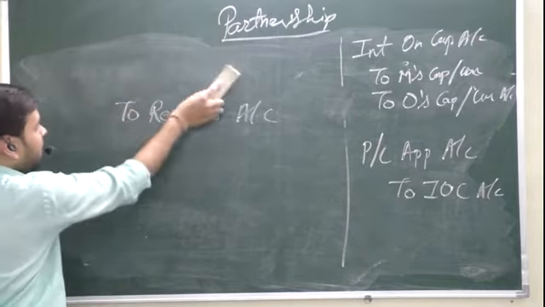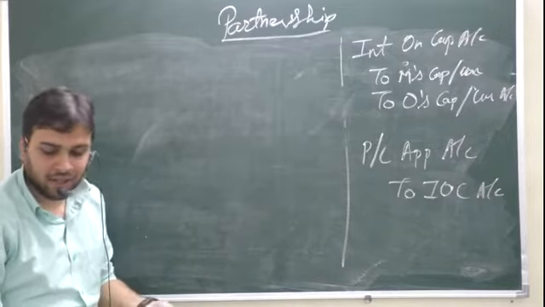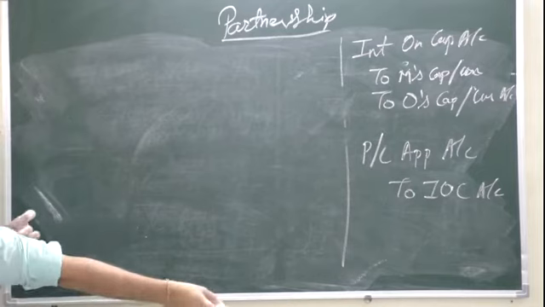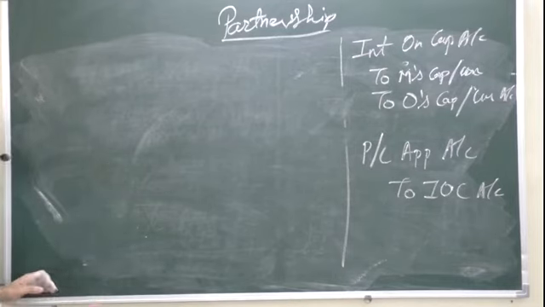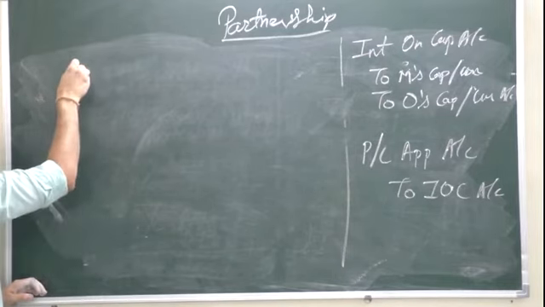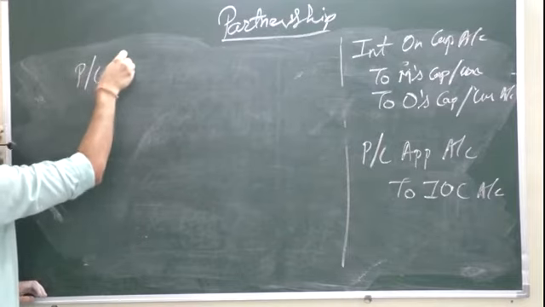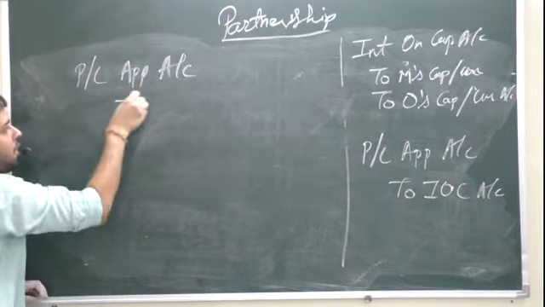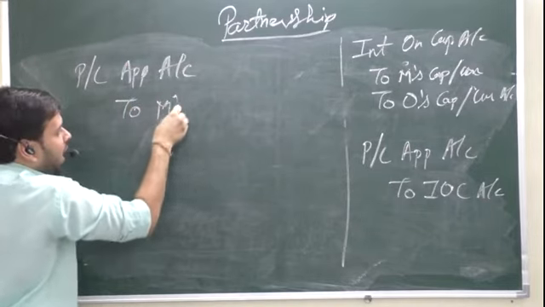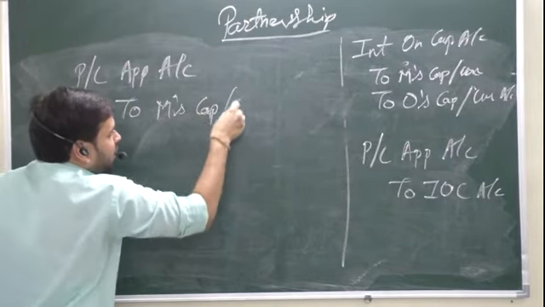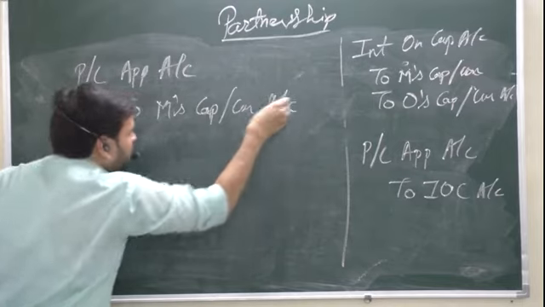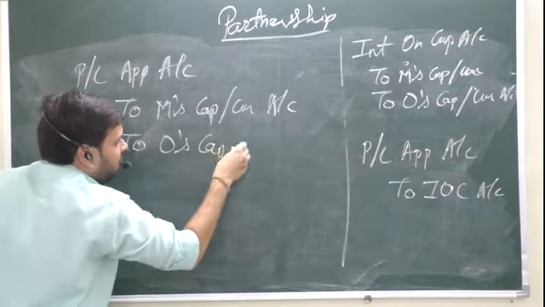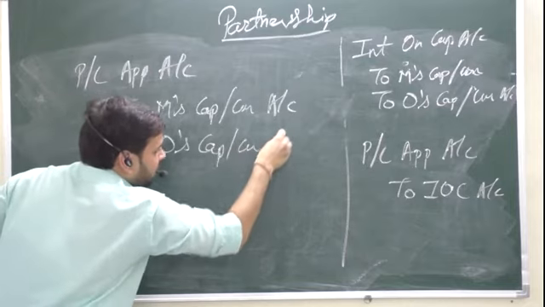Now the last entry in this segment is distribution of profit. In case of distribution of profit, the journal entry will be P&L appropriation account debit to AMS capital or current account, to OS capital or current account.